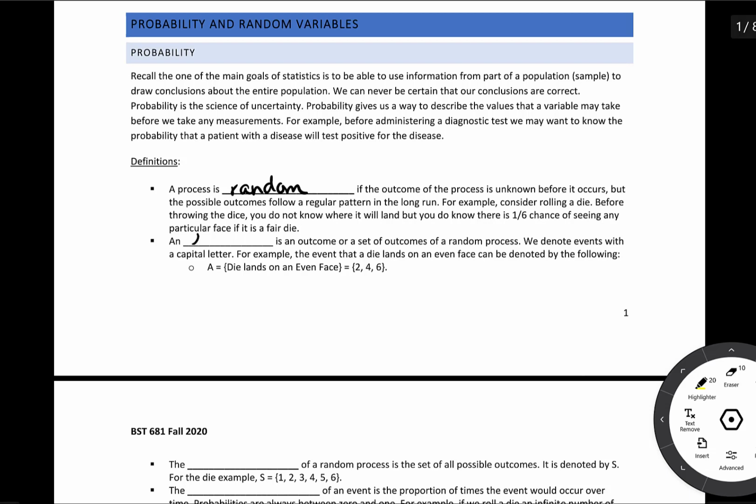And if it's a fair die, you know what the probability of each of those is. An event, on the other hand, is an outcome or set of outcomes of a random process, and we generally denote events with capital letters. For example, if we're interested in the event that the die lands on an even face, we could say capital A is equal to the die lands on an even face, which is equal to the set of numbers 2, 4, and 6.